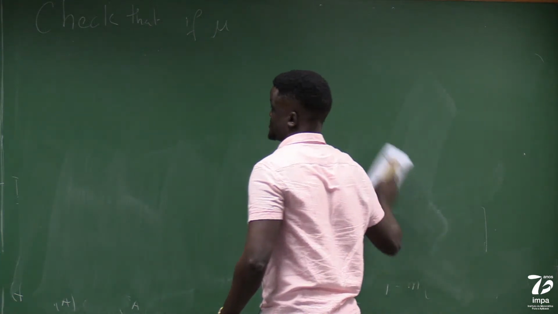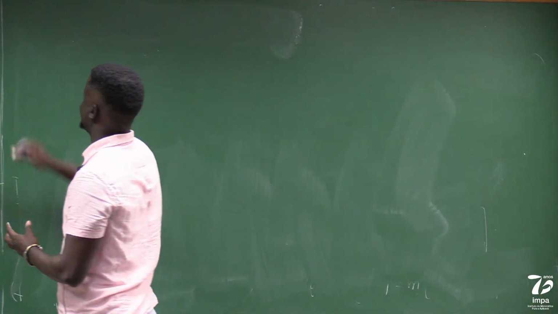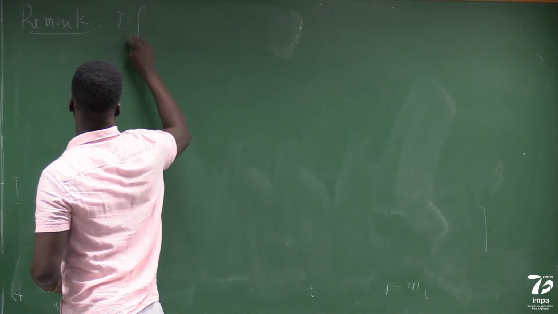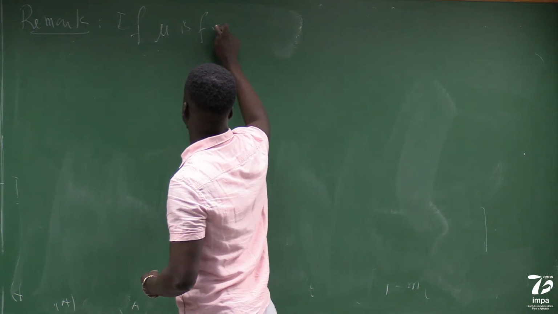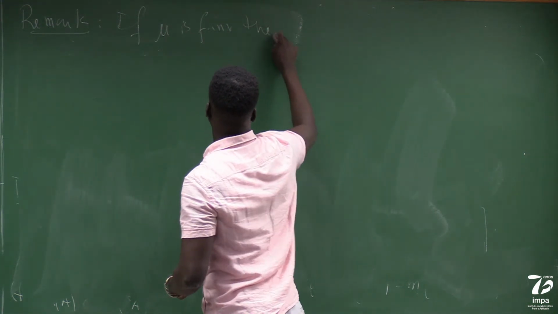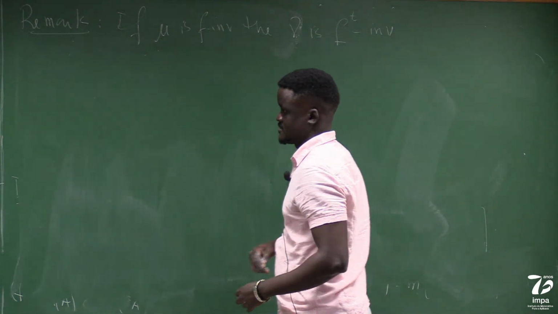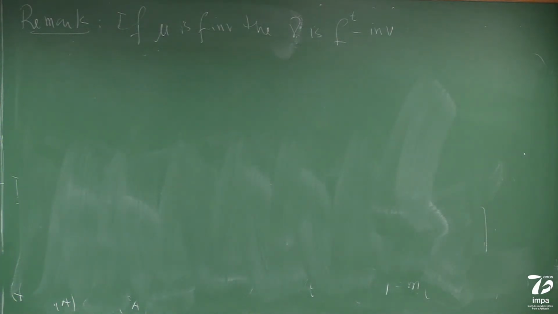Actually there's nothing to check, it's just a remark. So from a discrete time dynamical system, there's a way to find a continuous one by increasing the dimension of the space, and any measure you can lift to a measure on this quotient space. So this is called a quotient space, okay?